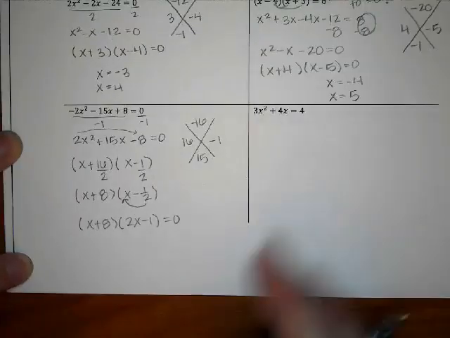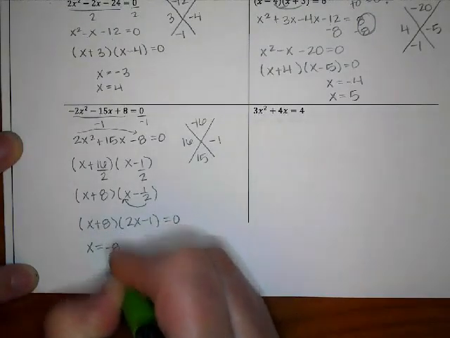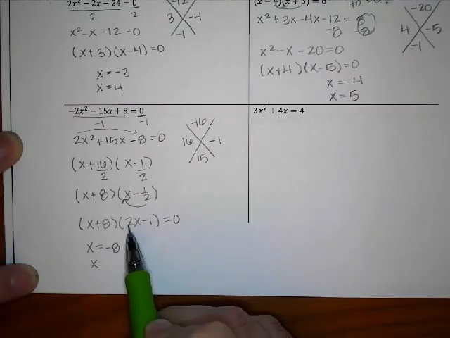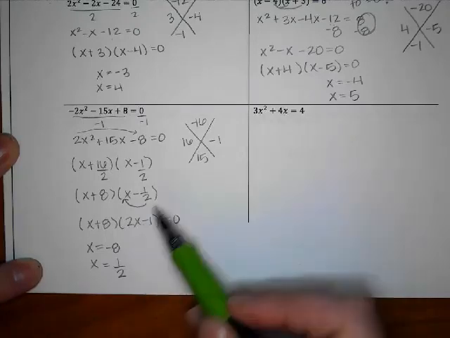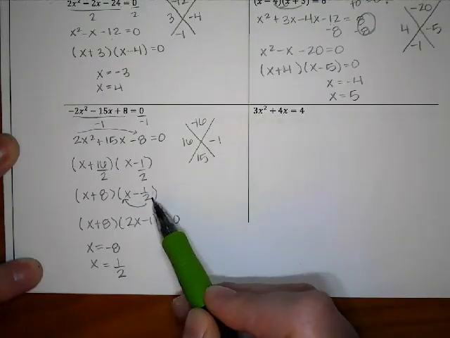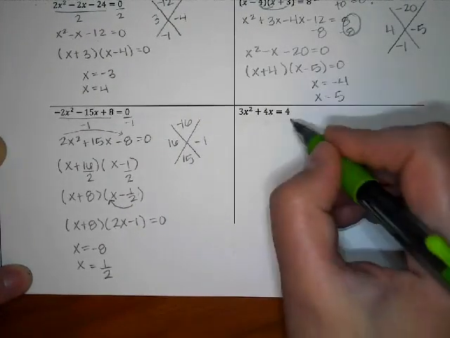This answer is -8. And this answer is +1 divided by 2. You can see the positive 1 over 2 up here if you look just one step back. So 1/2. All right, let's try the next one.